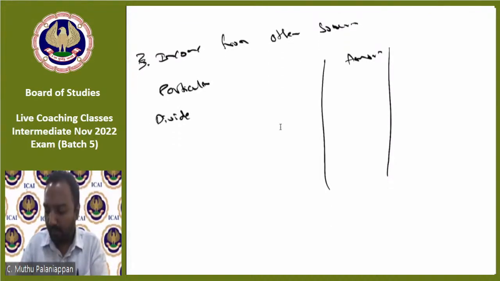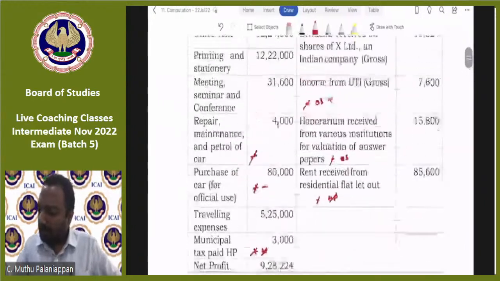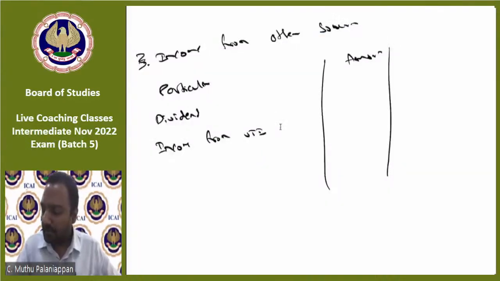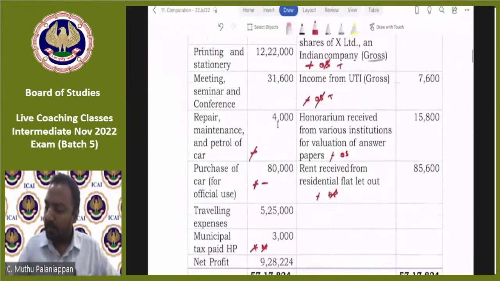Dividend was there. Then income from UTI was there, right? Only these two. So the dividend is other sources 10,524 and 7,600. Since there is one more thing, honorarium. Honorarium is 15,800. So I have struck this also, other sources.